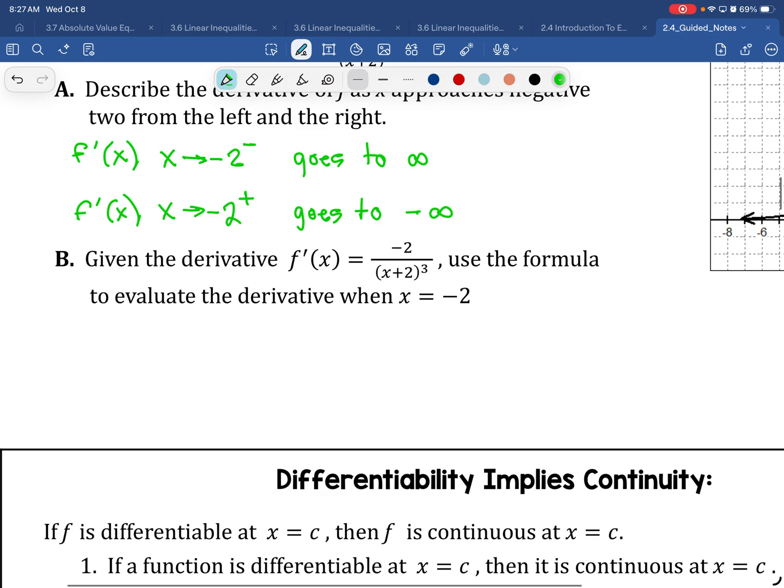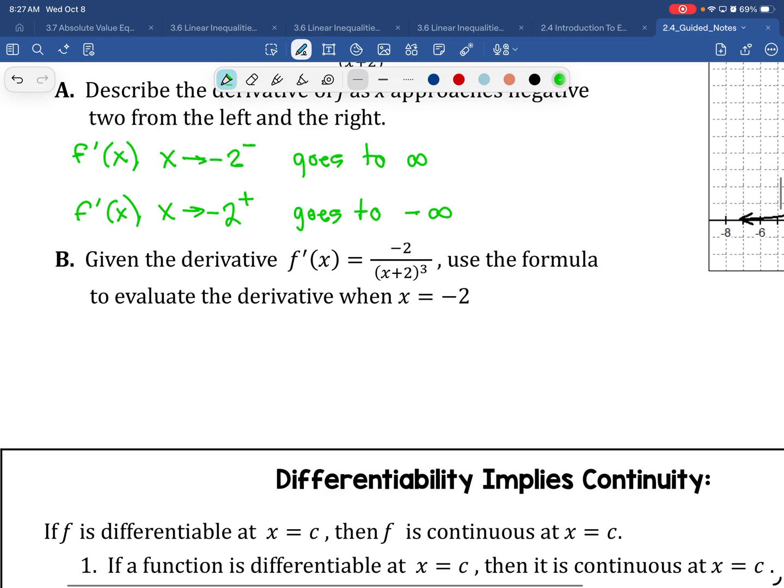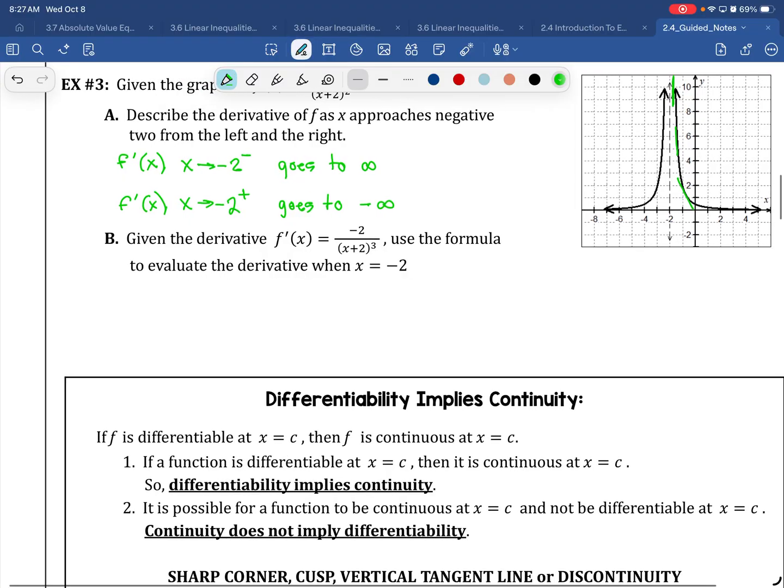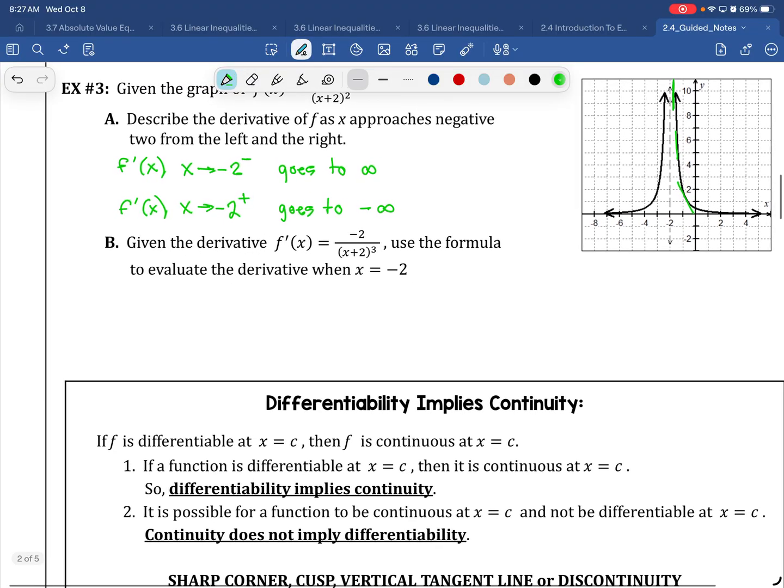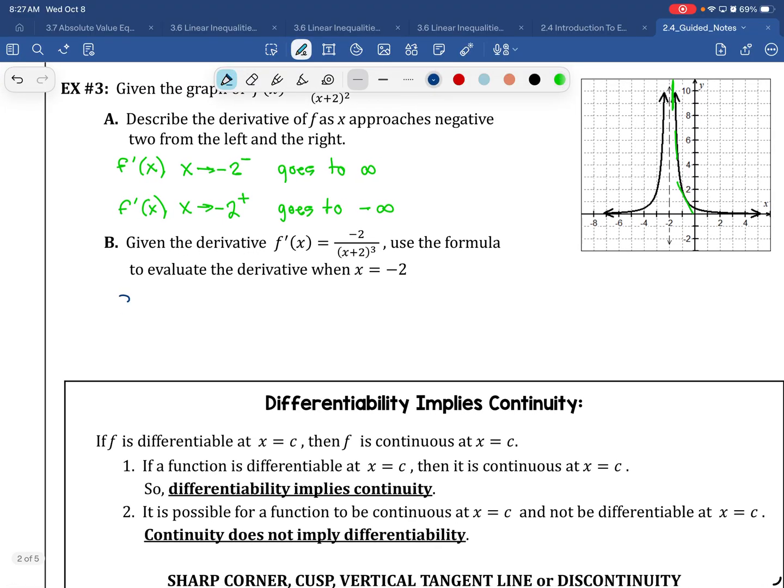Is that the right formula for f prime? Let's see. If f of x is x plus 2 raised to the negative 2 power, what are you going to do with the negative 2?